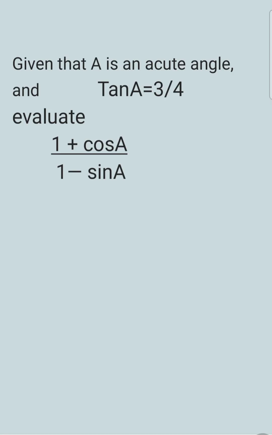Hello, in this video we will be exploring the basics of trigonometric ratios and how they can help us solve various types of problems. So let's review SOH CAH TOA.